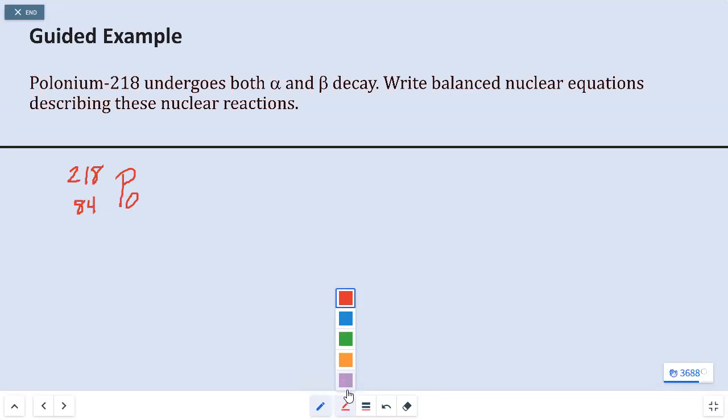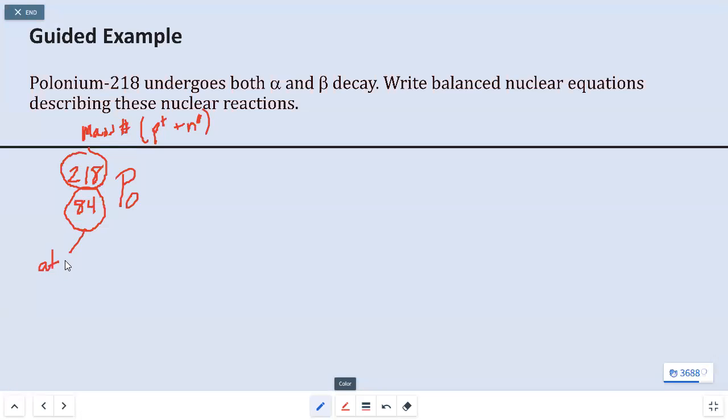If you have forgotten, because it's been a while since we were in chapter 2, this form of notation gives us the mass number, which is the number of protons plus the number of neutrons, the atomic number, which is just the number of protons, and the element symbol, all in that one package.